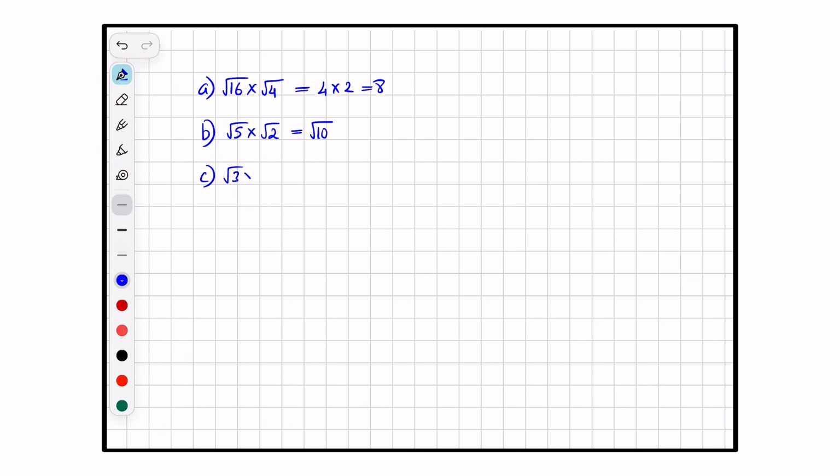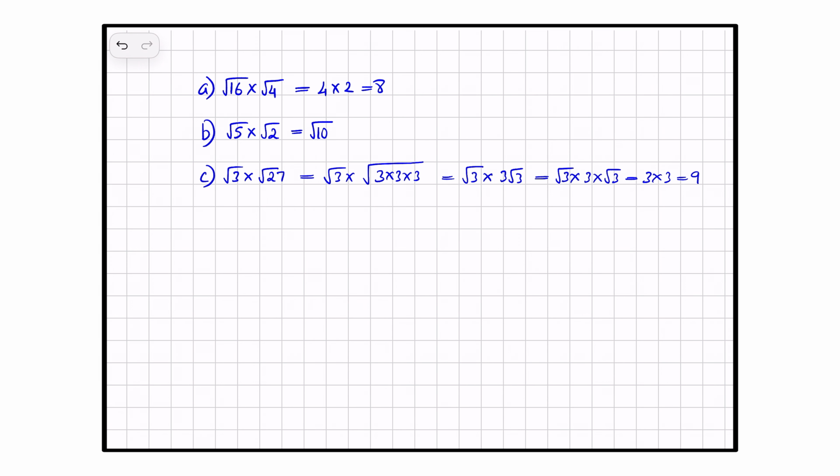Option C is root 3 into root 27, and this is equal to root 3 into, this I can write as 3 into 3 into 3, or root 3 into 3 root 3. So in this process, when we look at option C, we have the two numbers going to be irrational in nature and the multiplied value is a rational number. So for the given question, the correct answer is option C.